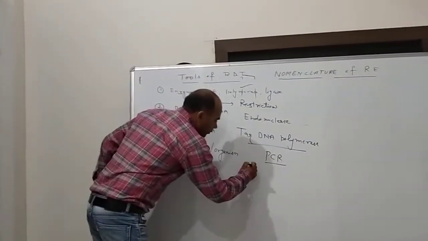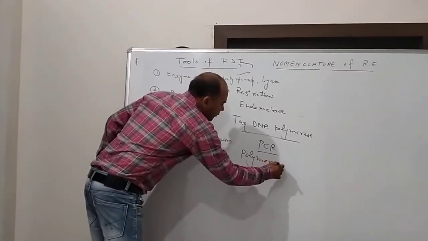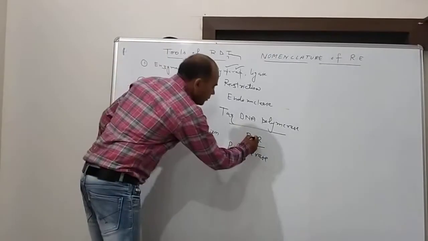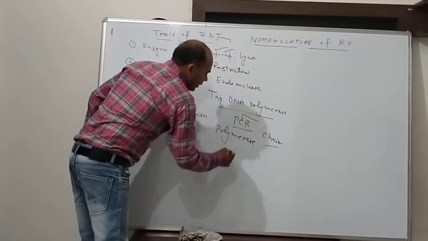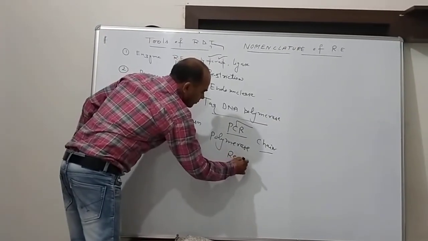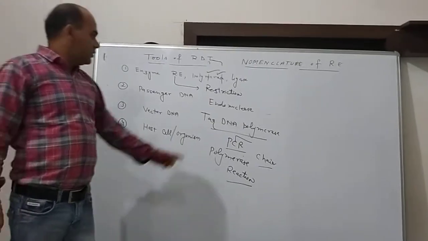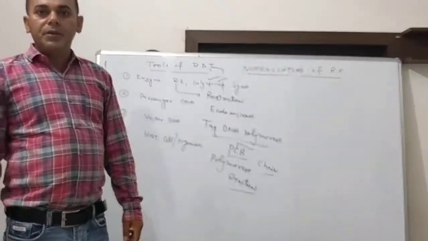P stands for polymerase, the word which is given here. C stands for chain. R stands for reaction. So in this technique we use this enzyme whose name is DNA polymerase.